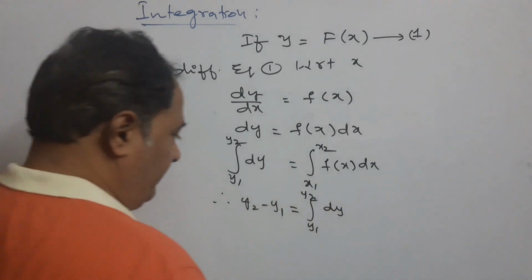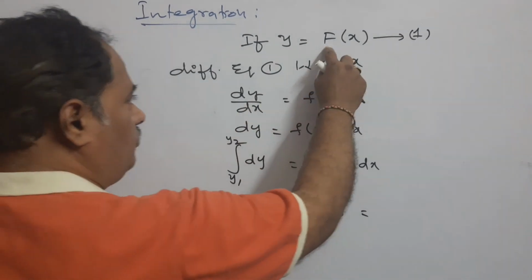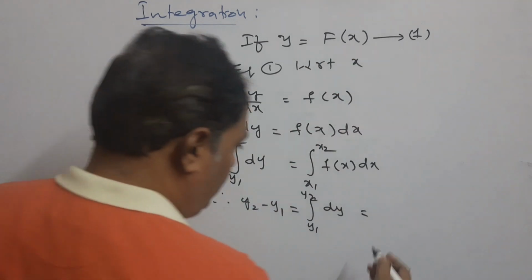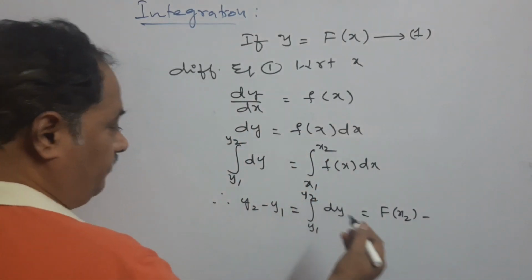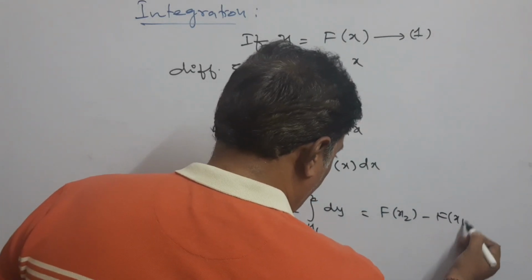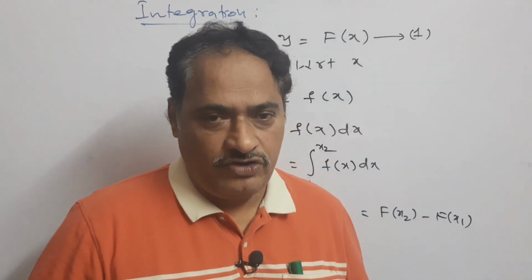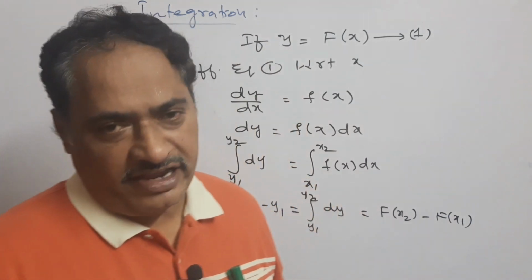Then this value is y equal to f of x, with limits 2 and 1, that means f of x2 minus f of x1. Hence you are integrating the equation with certain limits and you are able to get that value.